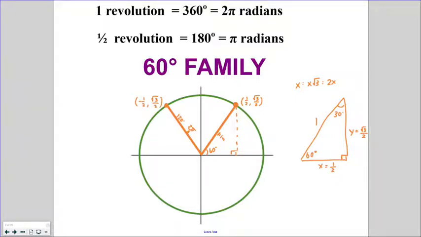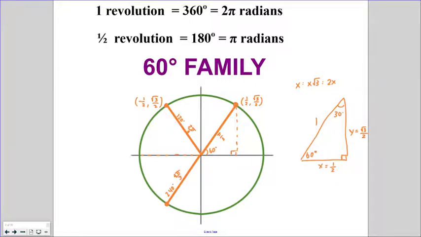So negative 1/2, root 3 over 2. If I go another 60 degrees, we're down here on the negative x-axis. Already got an angle there in the 0-degree angle family. So I'm going to move another 60 degrees. That gets me to this angle down here in the third quadrant. And that is going to be 240 degrees, or 4 pi over 3.